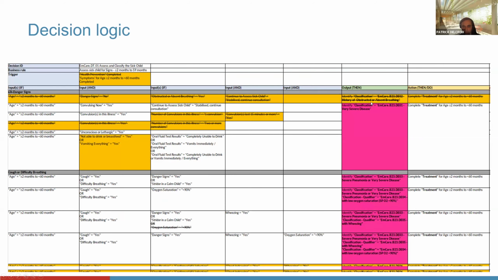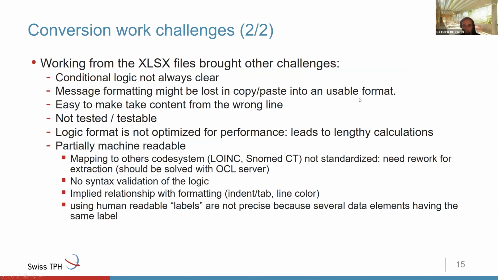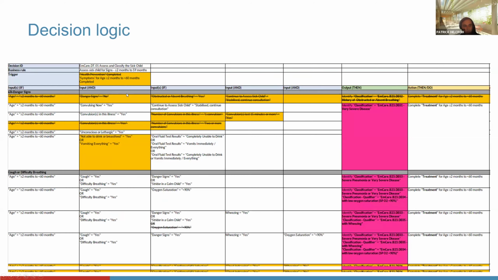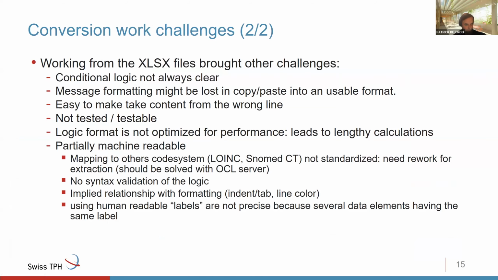For example, for this classification, sorry, this very severe disease where you have several lines, it's basically OR between lines and AND between columns. If you just add up everything, it creates a valid logic if there is no error, but really not optimized logic. And when you go to production, when you go to users, you need speed. And that could also be a challenge.